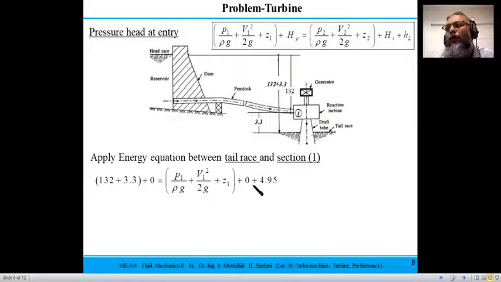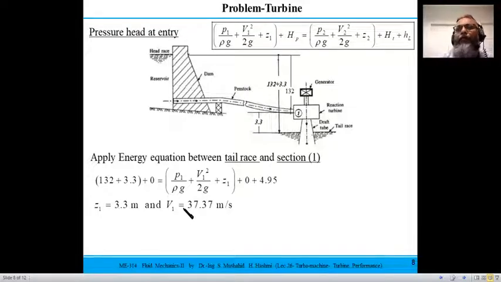So at section 1 you have the pressure head, kinetic head, and elevation head. V1 is already known, we have worked it out, and Z1 in this case would be 3.3 meters. We just substitute the values of Z1 and V1 here.